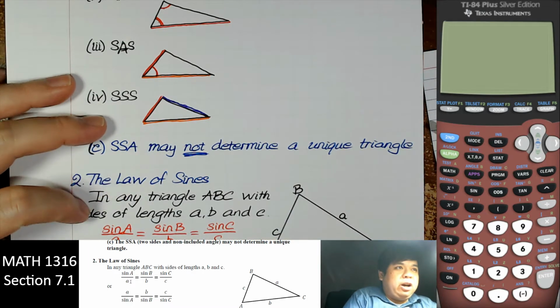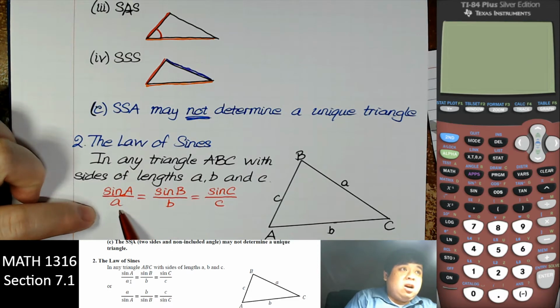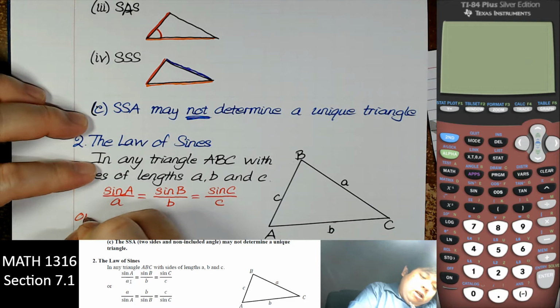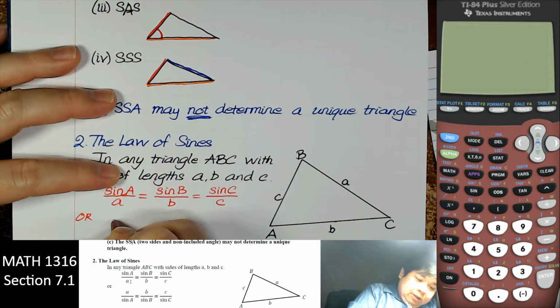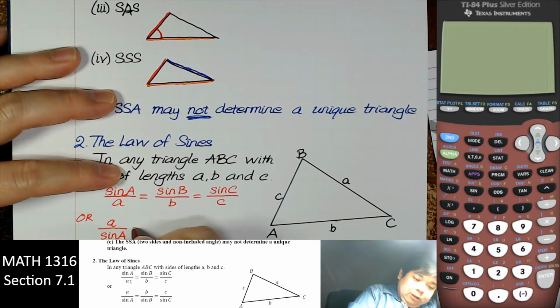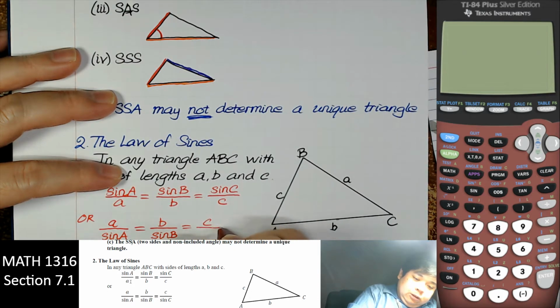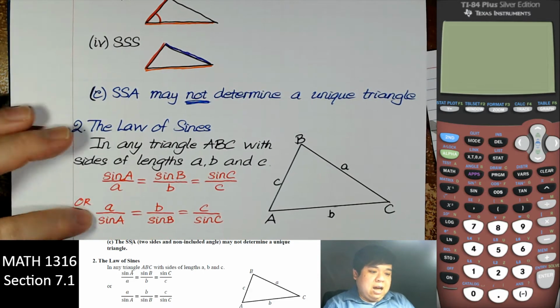Well, this is simple enough, right? The sine of an angle divided by its opposite side, that ratio is constant. We can also flip all of this, so either that or that.